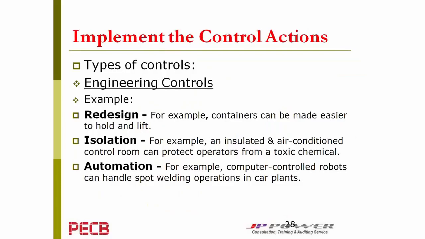On the other hand, we could also replace humans with automation. For example, we have the hazard of welding sparks. We could replace the human worker with robotic or computer-controlled robots to handle the spot welding process.